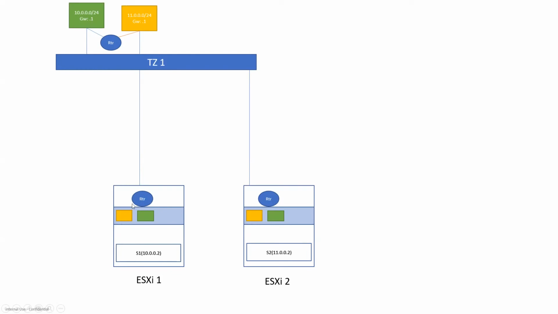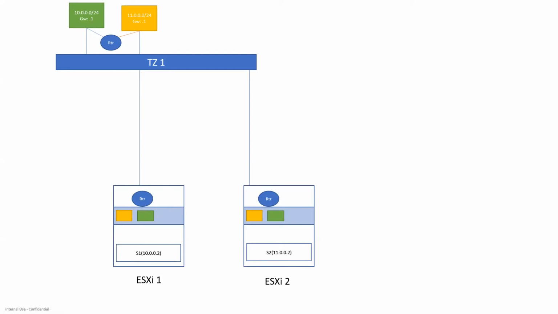The gateway is in the router, so it sends the traffic towards the router, and the router identifies that the next server S2 is sitting in the other ESXi host, so it will send the traffic to ESXi 2, and that will be a Geneve tunnel from ESXi host 1 to ESXi host 2, and then it gets decapsulated in host 2, and then the traffic will be forwarded, right?